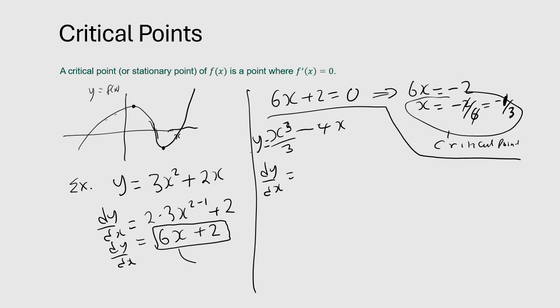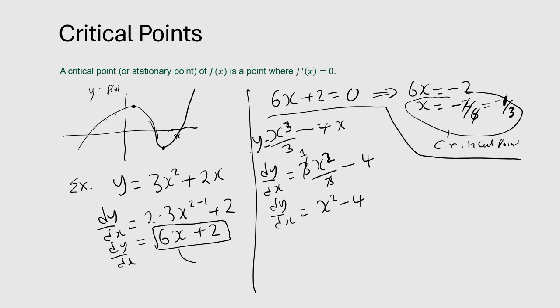We have 3 x cubed over 3, but we have to subtract 1 from the power, so it will be x squared, minus 4 since the derivative of 4x is 4, and 3 goes into 3 once. So our dy/dx is just x squared minus 4.